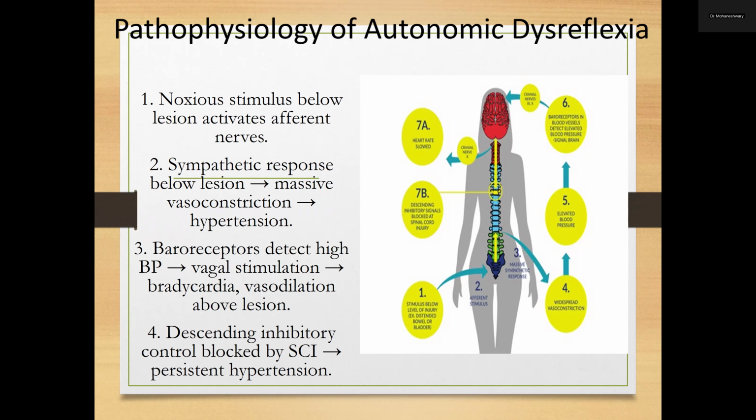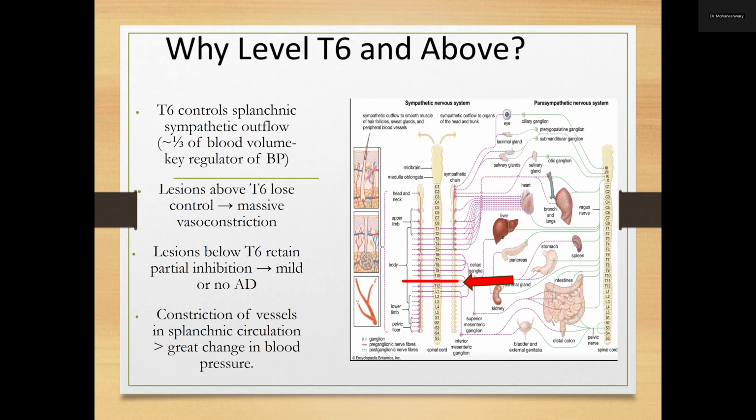But when there's a blockage in our spinal cord, the inhibitory control is blocked, leading to persistent hypertension. All right. So why T6 and above? The answer is that at our T6 level is the main control of our splanchnic sympathetic outflow, with the greater splanchnic and lesser splanchnic vessels. Many of you may have forgotten this physiology: our splanchnic system regulates one third of our blood volume to control our blood pressure.